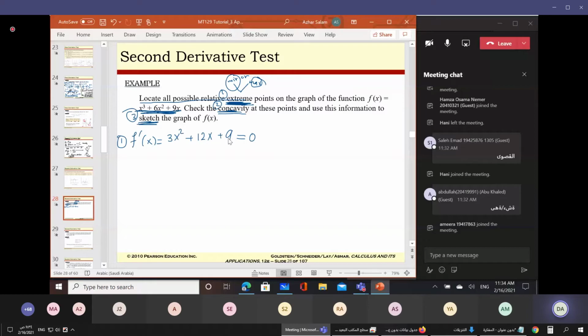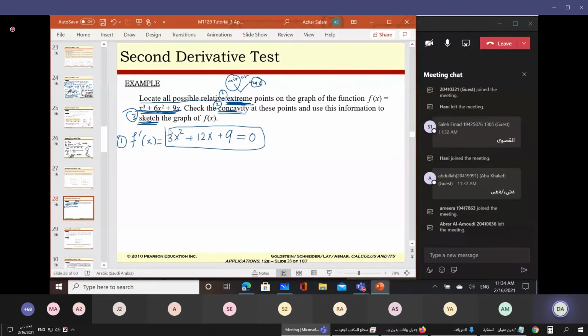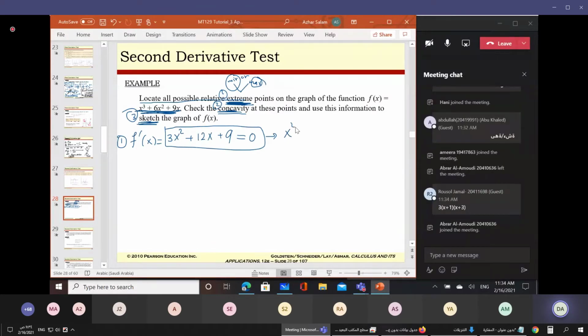First I will divide by 3 to simplify, and I will have x squared plus 4x plus 3 equals 0.